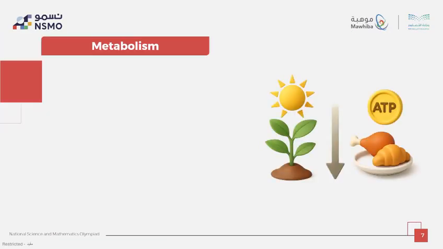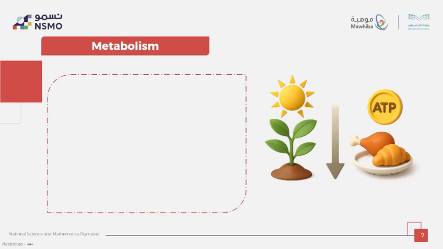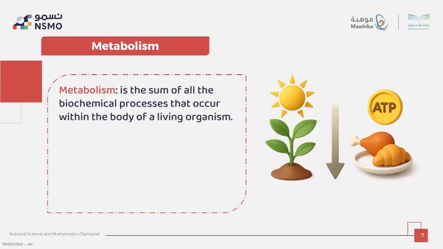We have heard about metabolism before, and we know metabolism is all chemical reactions inside us that produce energy or lose energy. We have another definition for metabolism, which is the sum of all biochemical processes occurring in a living organism.